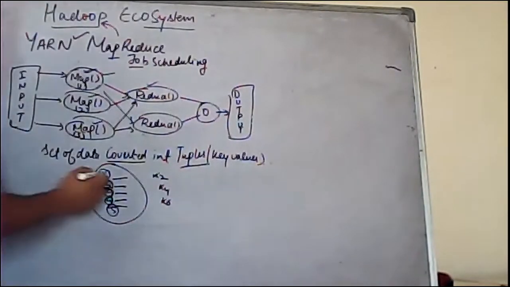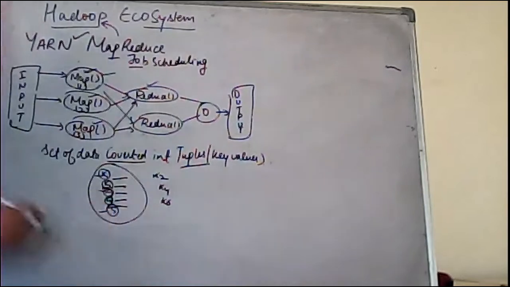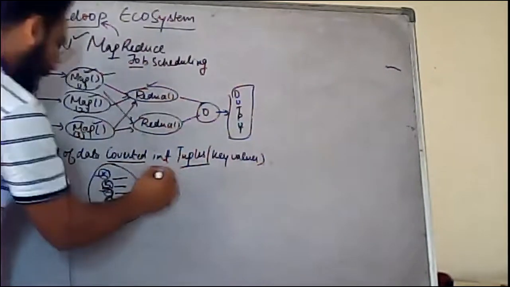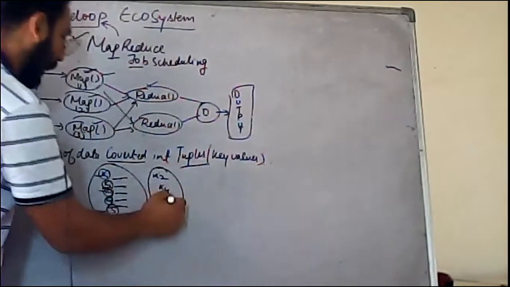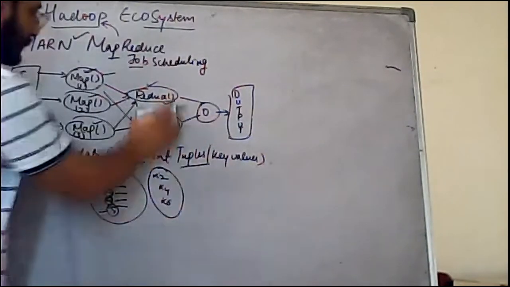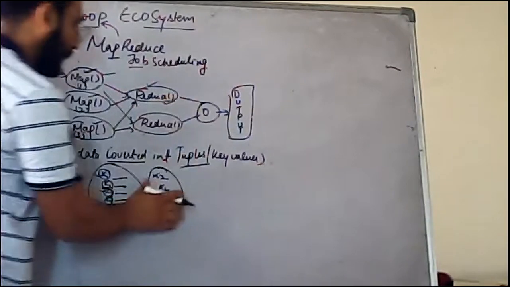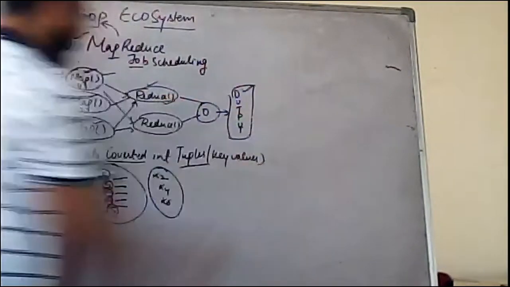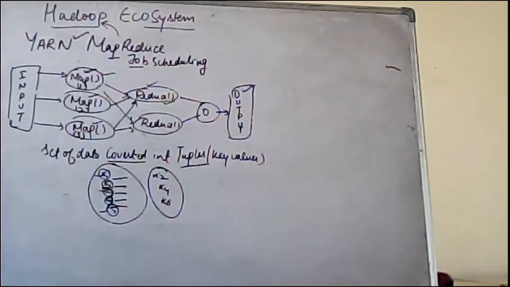Then key 1, key 3 and key 5 are not usable. These accepted keys are processed by your reduce function, and this will be your output. Like this method, MapReduce will work.